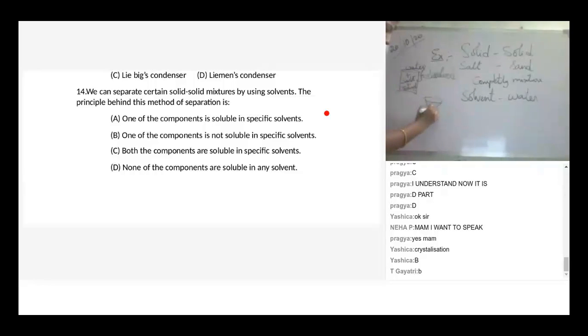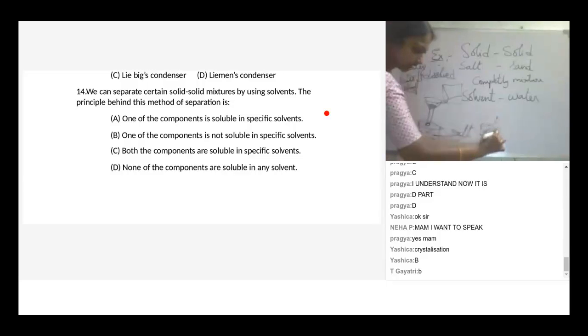By using the filtration process, we can find the sand is present on the funnel. Here we can observe the salt solution. Yes or no?